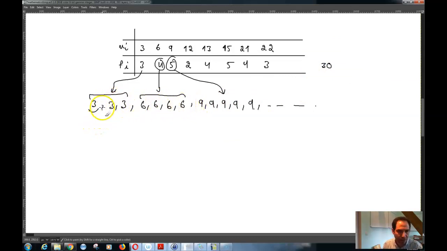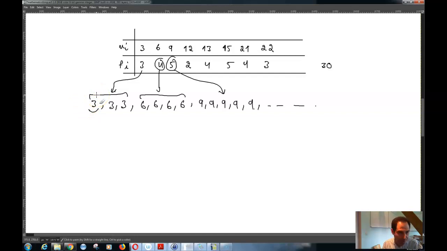Of course, it doesn't necessarily have to be that the first three people are 3 years old. It could be that you got this 3 from the first person, this 3 from the 10th person, and this 3 from the 15th person. But when you rearrange your numbers in ascending order, your observations will be represented in this order.